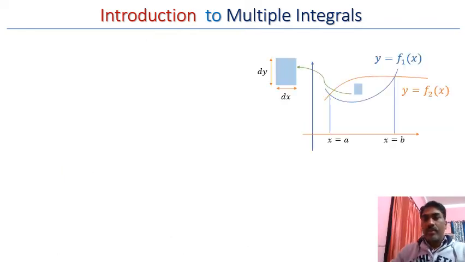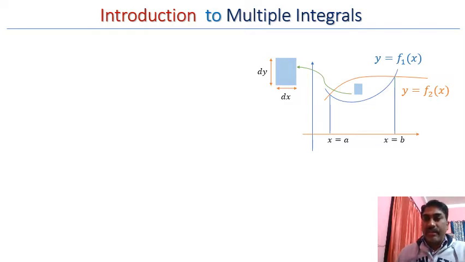Now we will find the area of the same region as we have done in the last example with definite integrals of one variable. You can see this figure, but here we will adopt a different strategy.